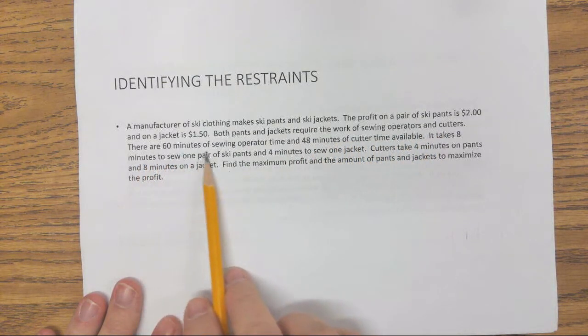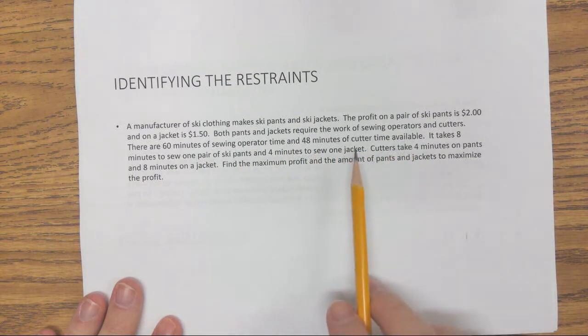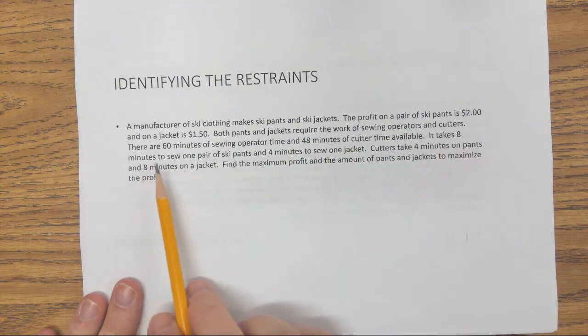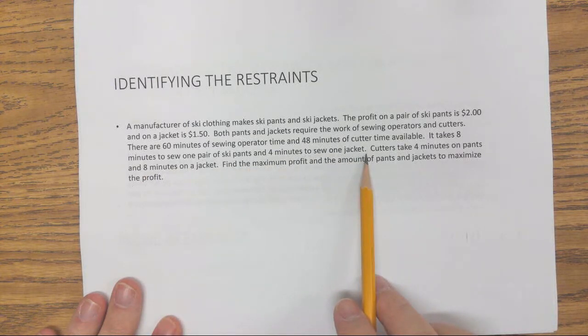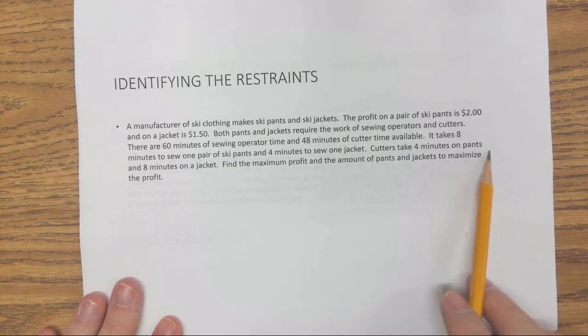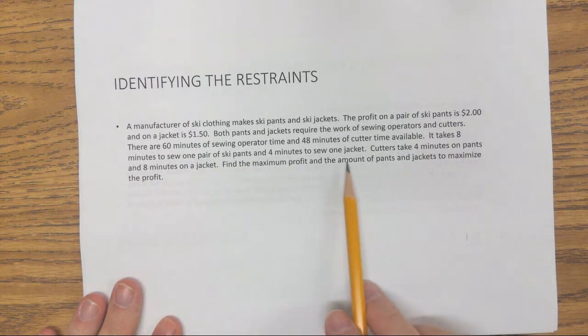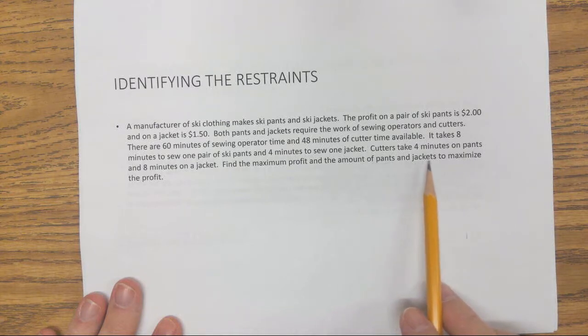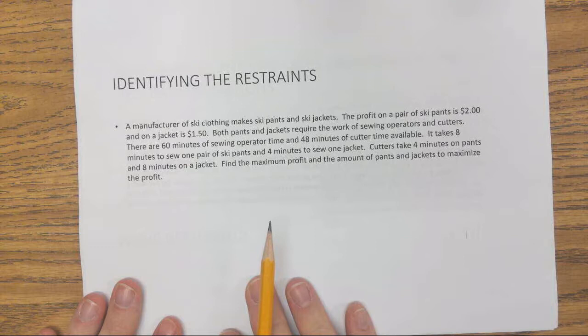There are 60 minutes of sewing operator time and 48 minutes of cutter time available. It takes 8 minutes to sew one pair of ski pants and 4 minutes to sew one jacket. Cutters take 4 minutes on pants and 8 minutes on the jacket. Find the maximum profit and the amount of pants and jackets to maximize the profits.